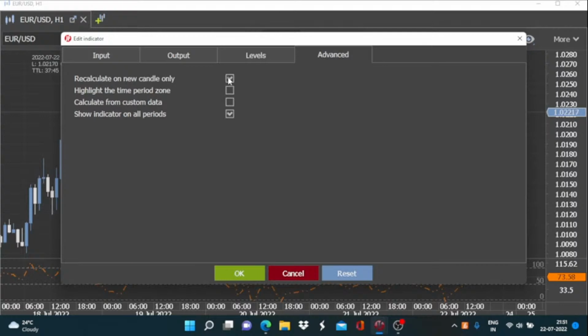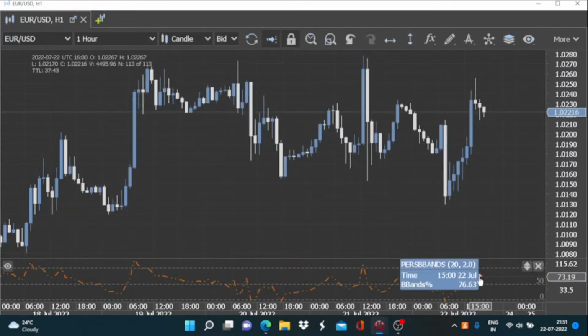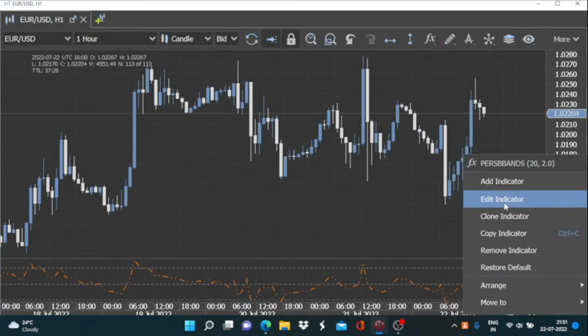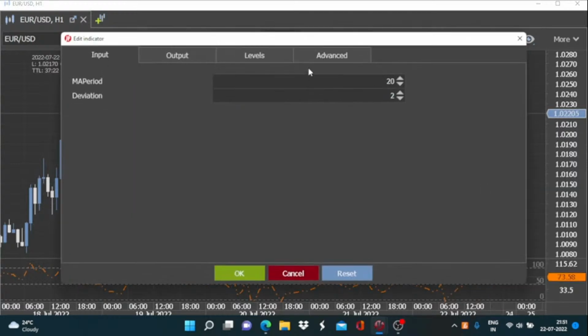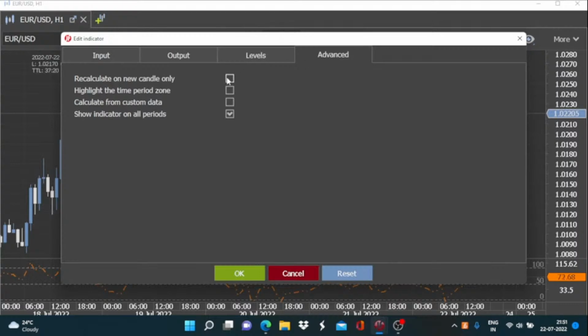So if you opt for this box, then this output value will remain constant for the whole of the candle period, and it will change only when a new candle is formed after this given time period is over. And if you don't check that box, then it will keep varying depending on the current closing price for that particular candle. So it's pretty simple to understand what's going on.